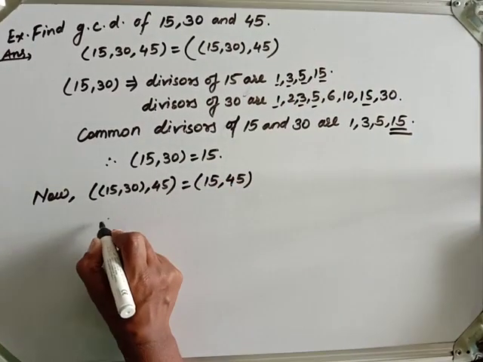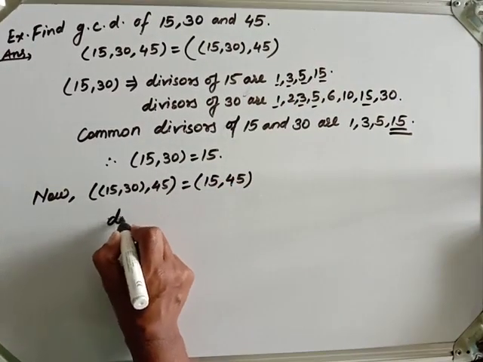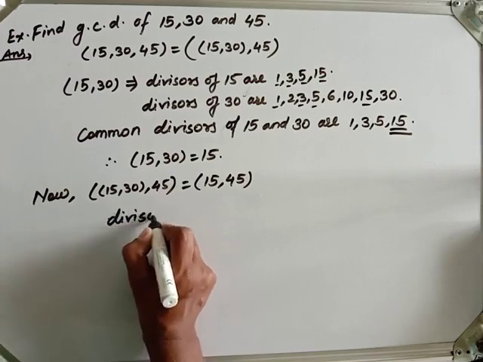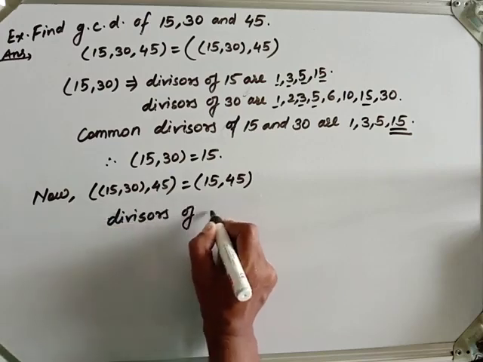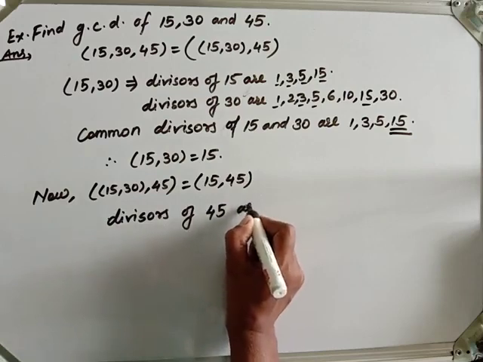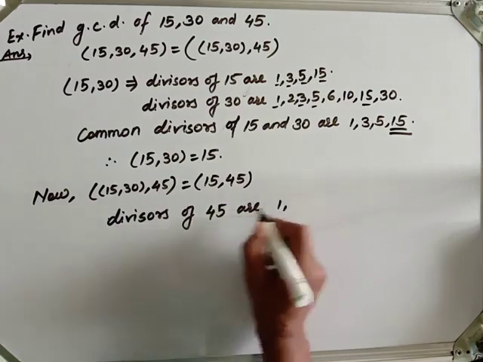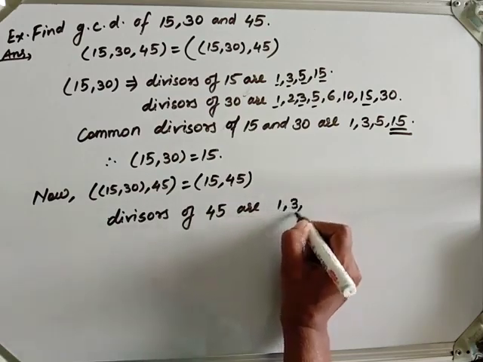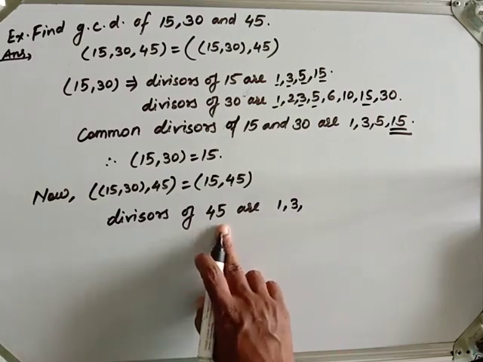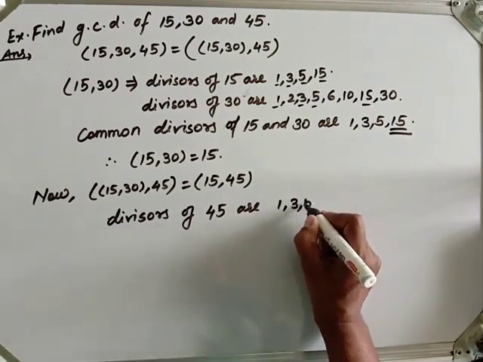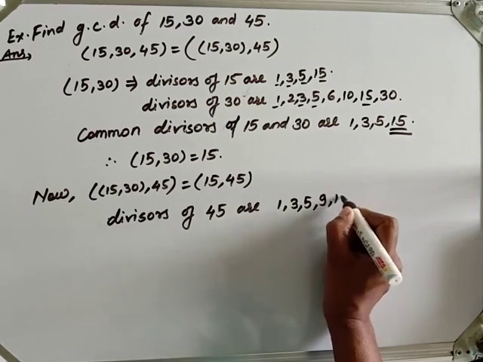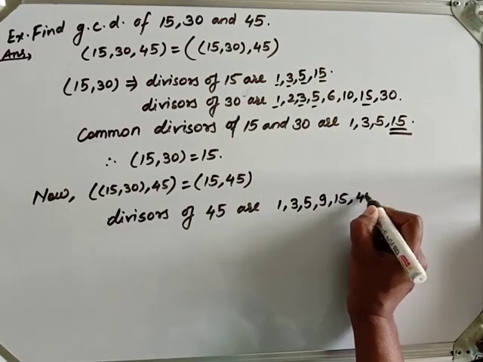The divisors of 45 are 1, 3, 5, 9, 15 and 45 itself. 2 is not a divisor, since it is not an even number.